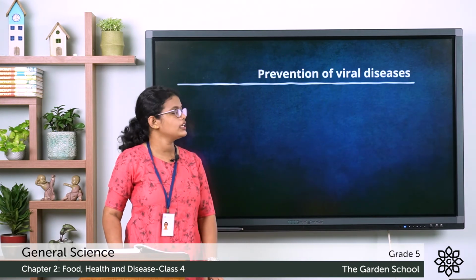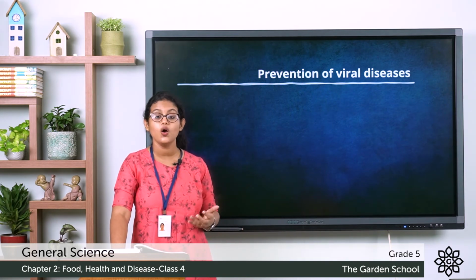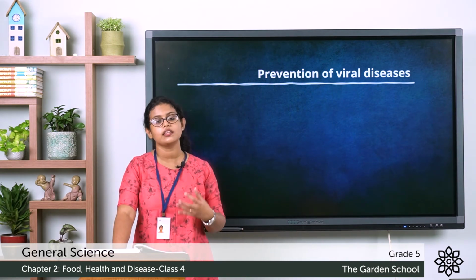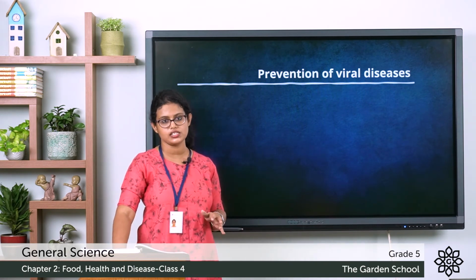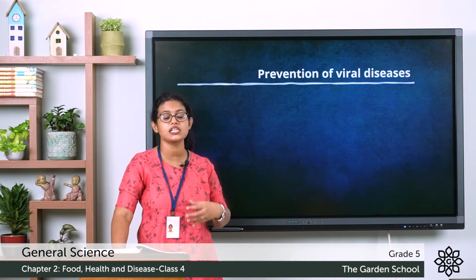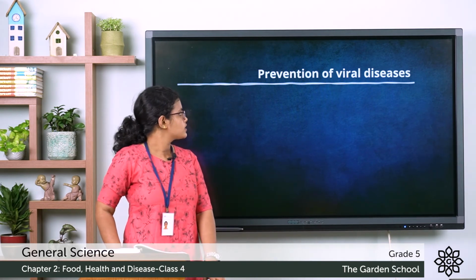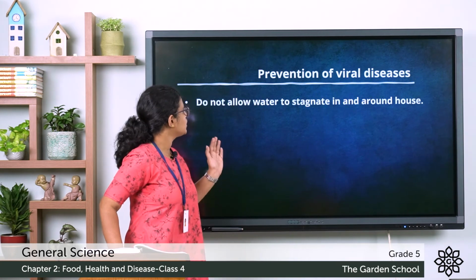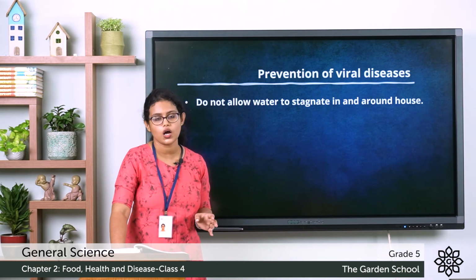Now let's see how we can prevent these diseases. What are the prevention steps that we can take in order to avoid the diseases that are caused by insects? The first thing is, do not allow water to stagnate in and around the house.